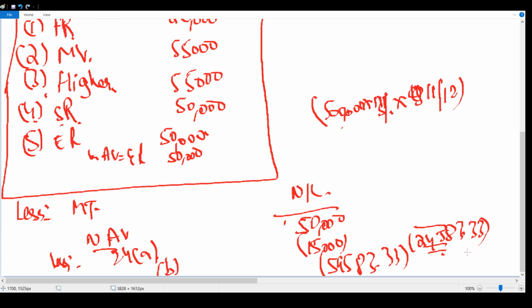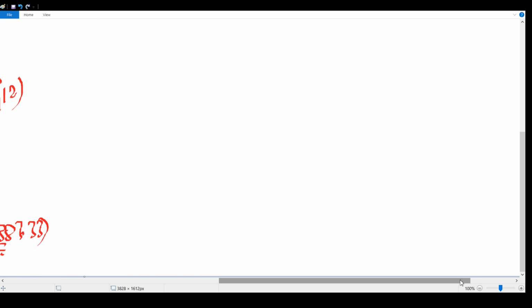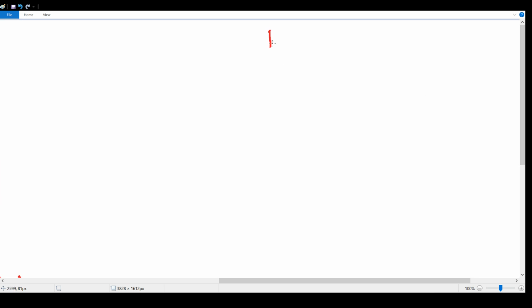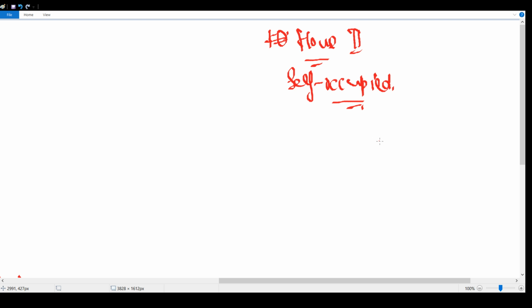Okay, now house property 2, income from house property 2, assumed to be self-occupied.